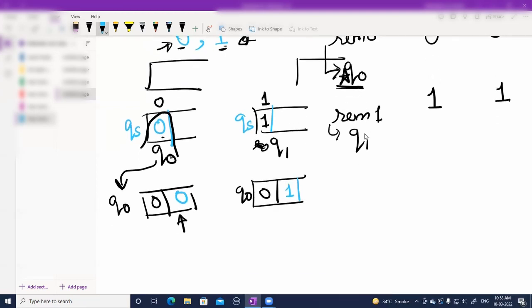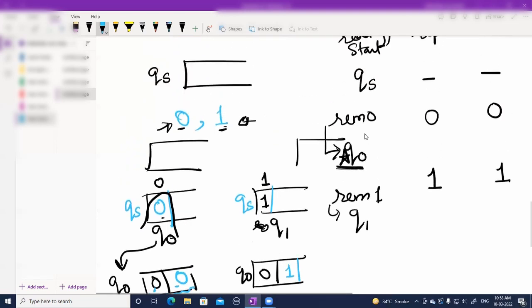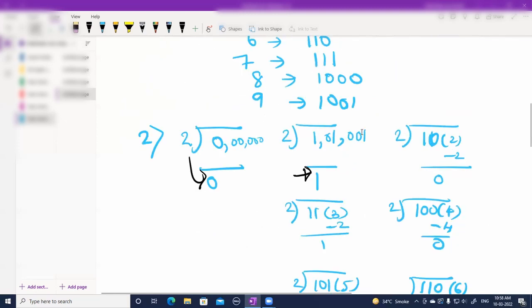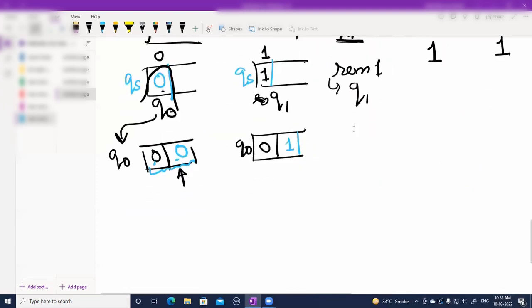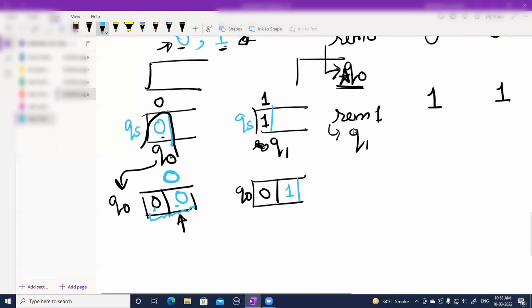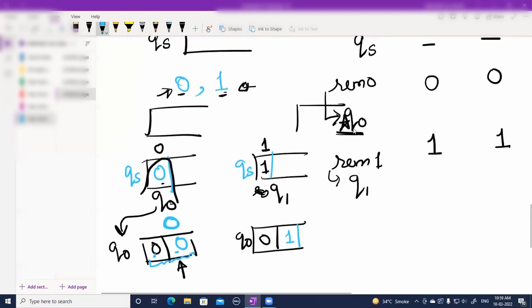Okay. So with the current bit 0, when the next bit 0 is added, what kind of string is generated? The string generated is double zero. What was the case with double zero? With double zero also we are getting remainder 0. So the output is generating remainder 0. Which state represents remainder 0?